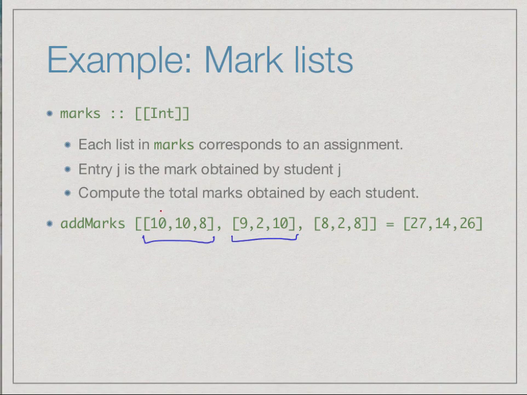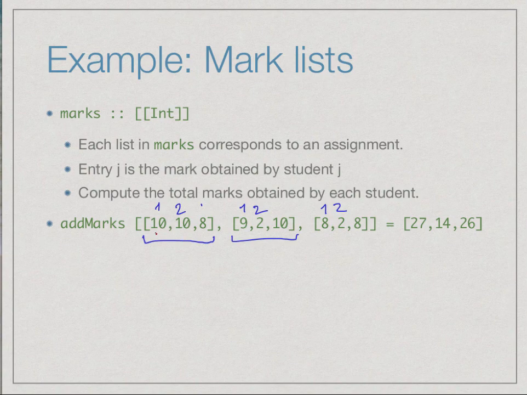So this is for student 1, this is also for student 1, this is for student 1, student 2, student 2, student 2, and so on. Right? So we have a list of lists. Inside we have the marks of each student in a given assignment in one list and a list of such lists.